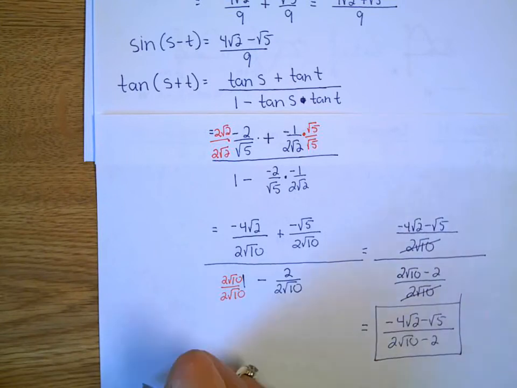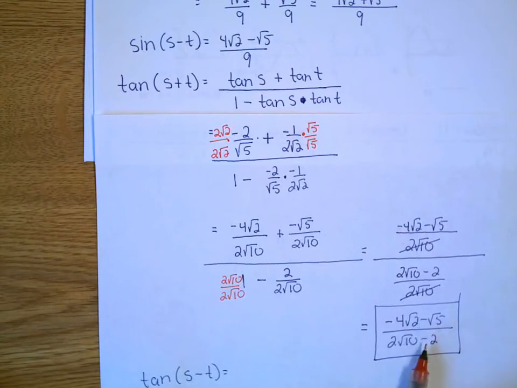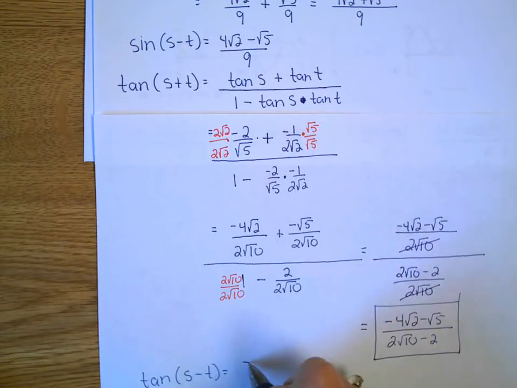Except we have to do the tangent of s minus t. You just switch it. What switches? The top switches and the bottom switches, so both signs go to positive.